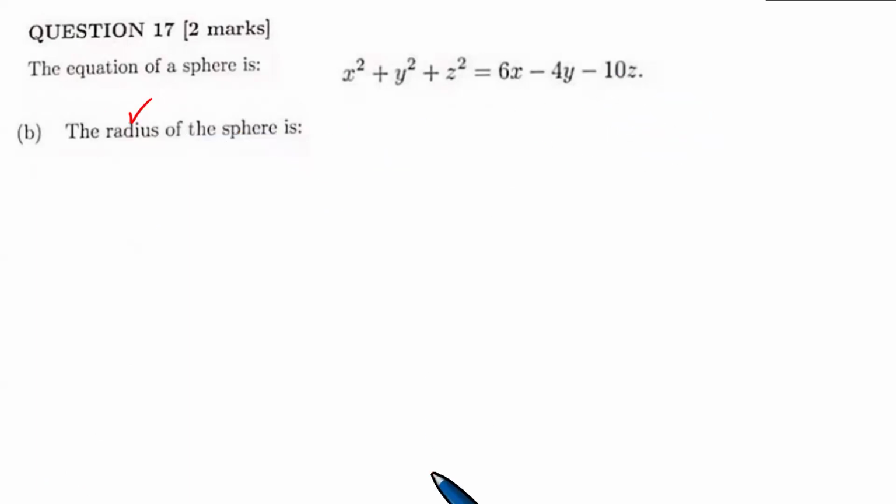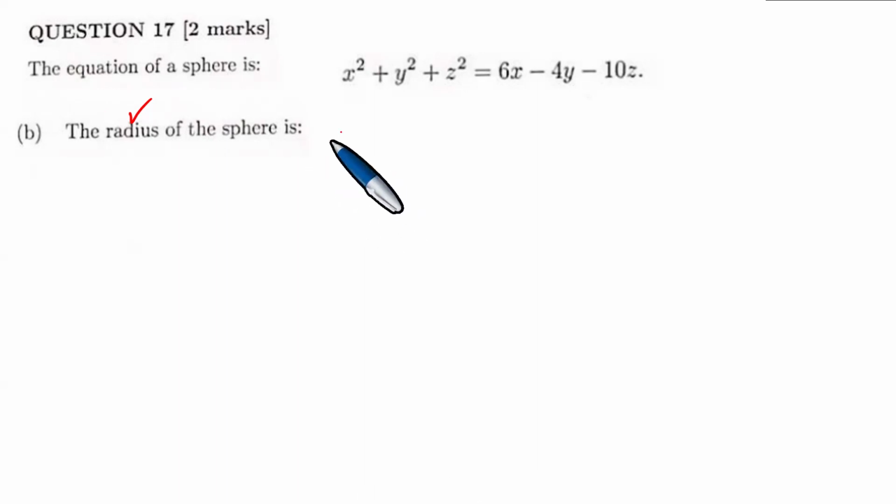What is the radius of the sphere? Is it not root 38? The square root of 38.